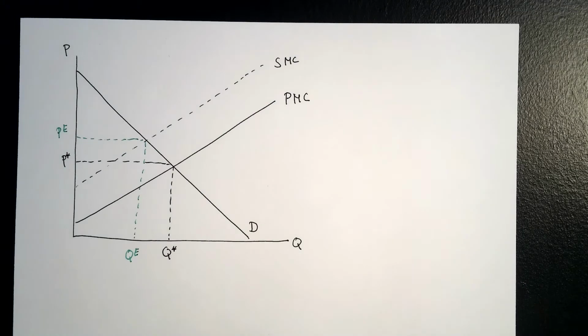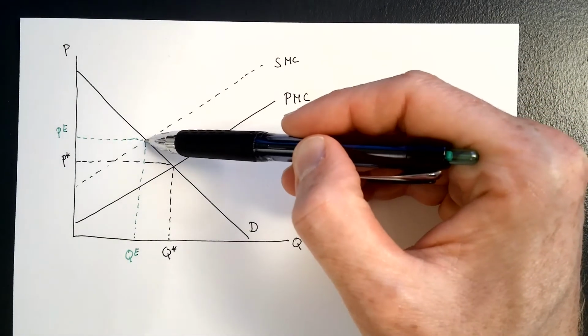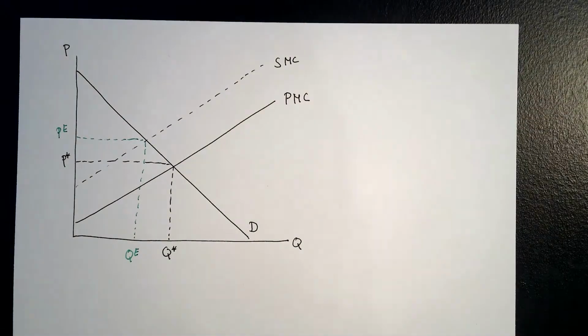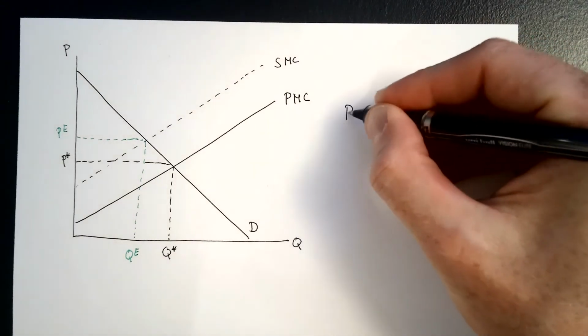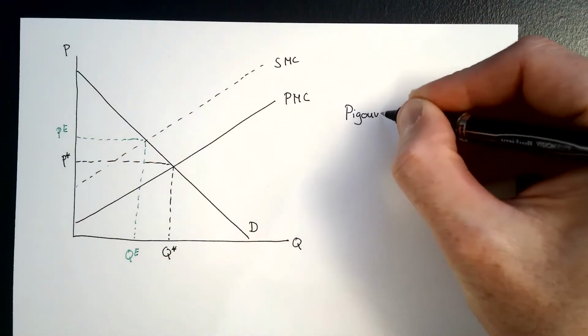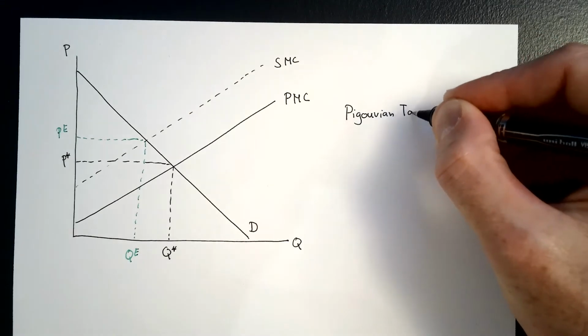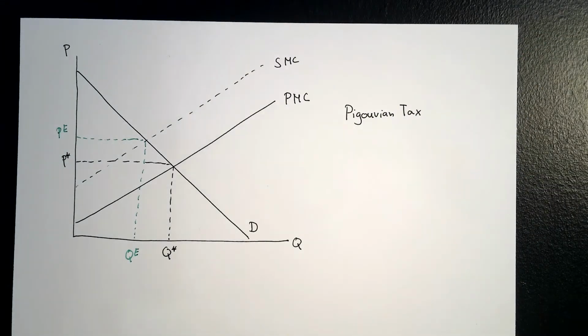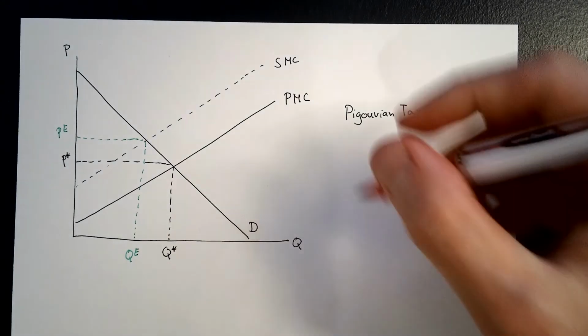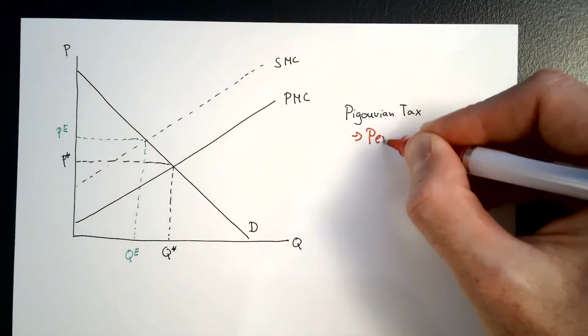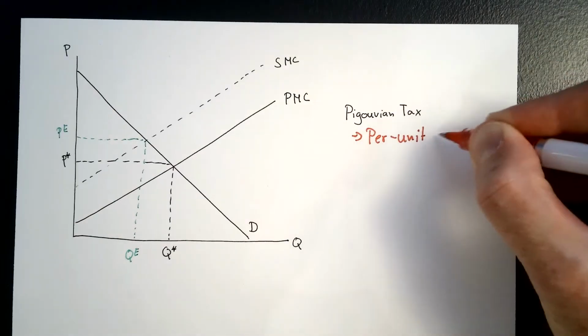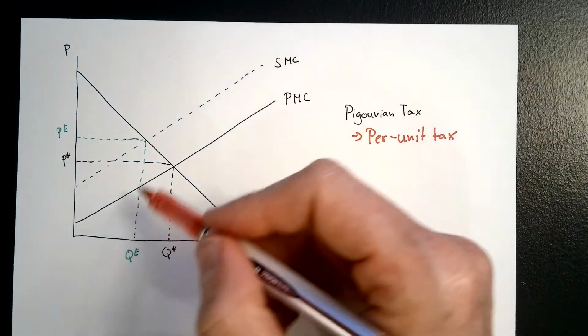Now the question is, how do we actually get society to this equilibrium here? Well, the solution here is what is called a Pigouvian tax. If you remember from the discussion about taxation, what we can impose here is a per unit tax in the amount of the external cost.